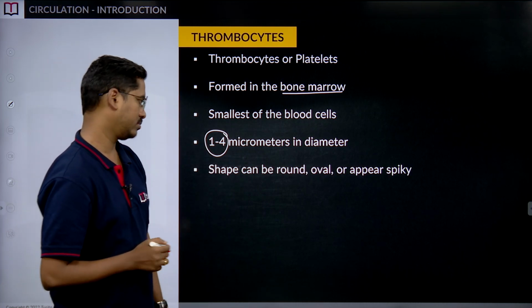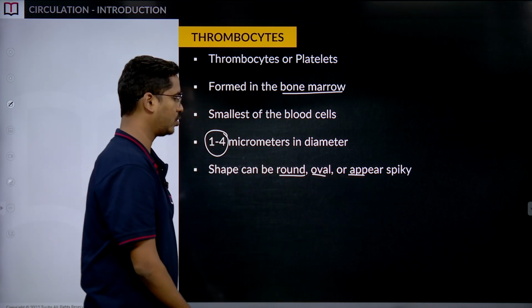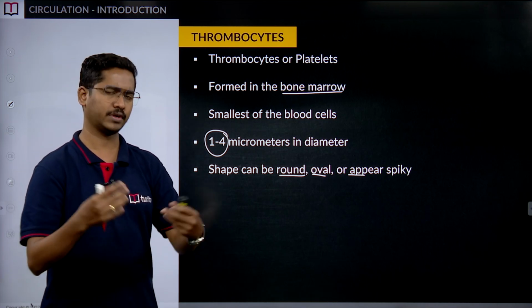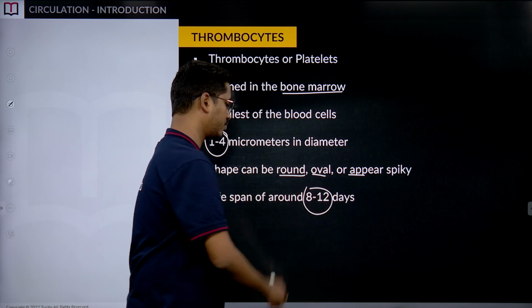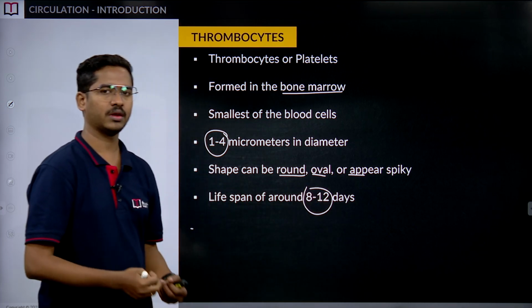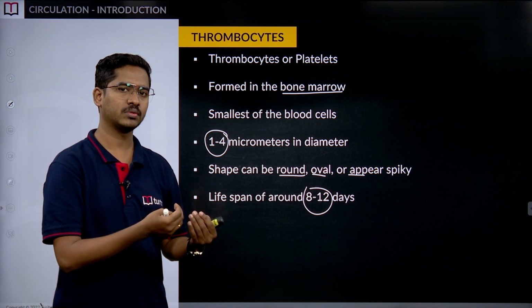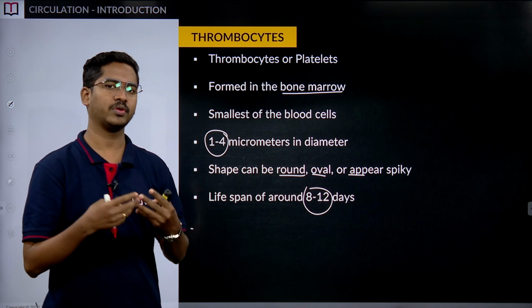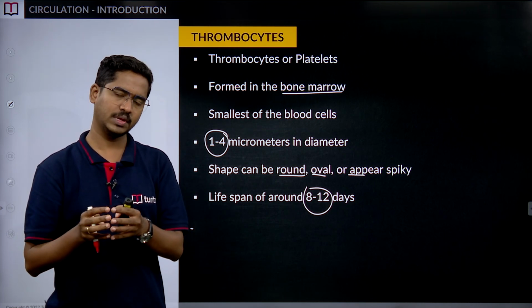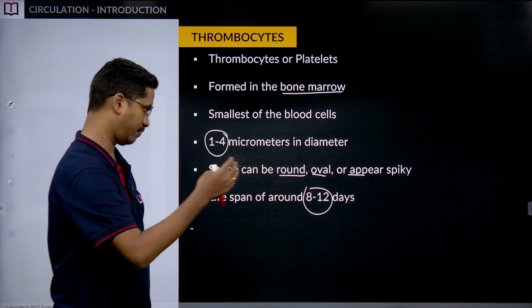They have a varied range of shapes: spiky, oval, round. Their lifespan is limited, 8 to 12 days, whereas WBCs may last for 24 hours to years, because they produce antibodies and they are the ones working for that. That is why they last for different times.